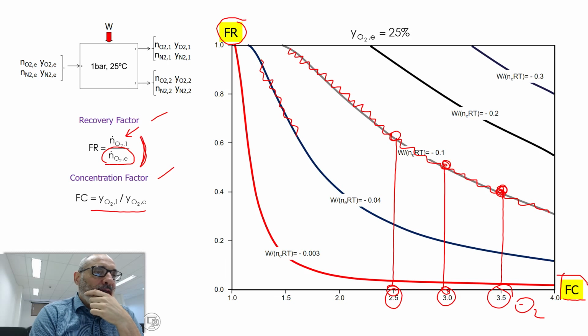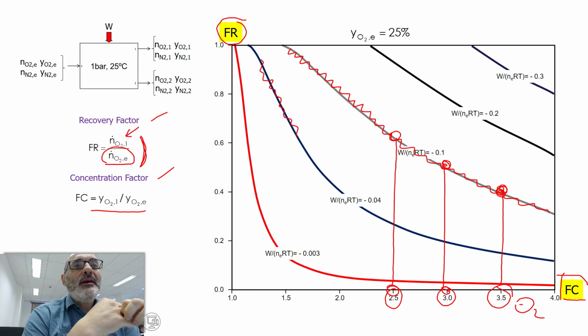Why is this? Because you can have 100% recovery, with all oxygen being diverted to exit number 1, but the concentration is not 100%.